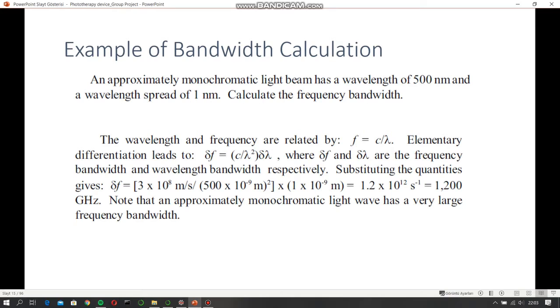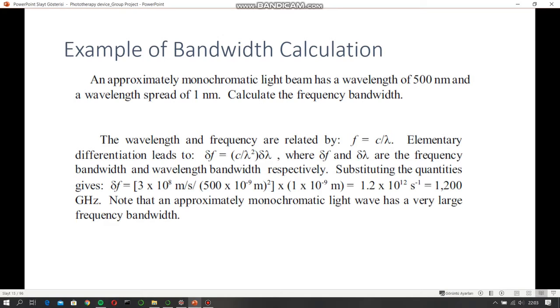Also, there's one example of bandwidth calculation, and let's check this. An approximately monochromatic light beam has a wavelength of 500 nanometers and a wavelength spread of 1 nanometer. Calculate the frequency bandwidth.